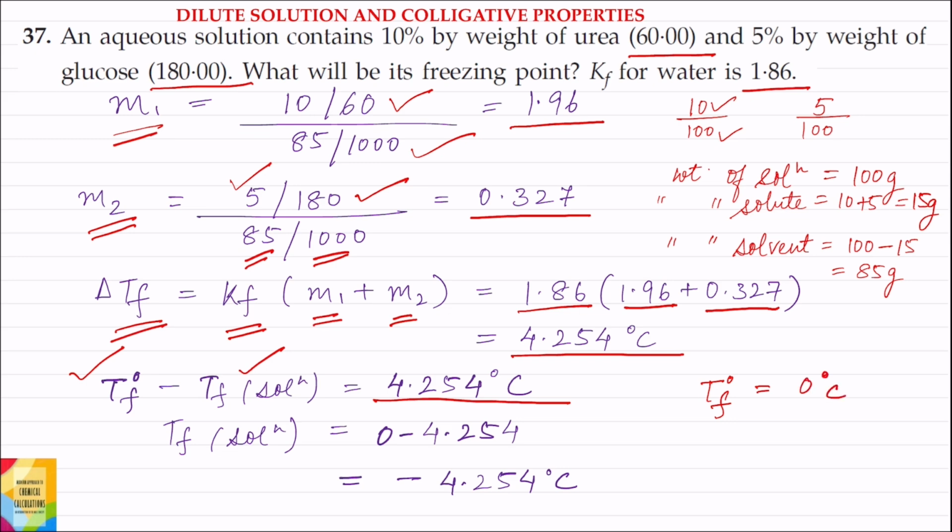Now putting the value of freezing point of pure solvent, the freezing point of solution will be equal to 0, which is the freezing point of pure solvent, minus 4.254, and this is equal to minus 4.254 degrees centigrade. So freezing point of this solution is equal to minus 4.254 degrees centigrade.